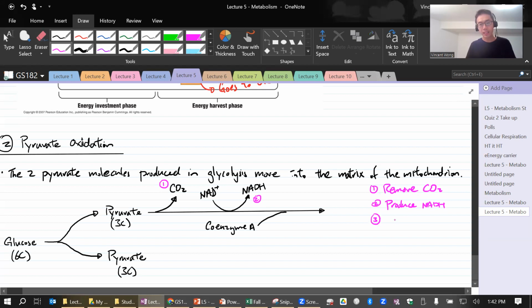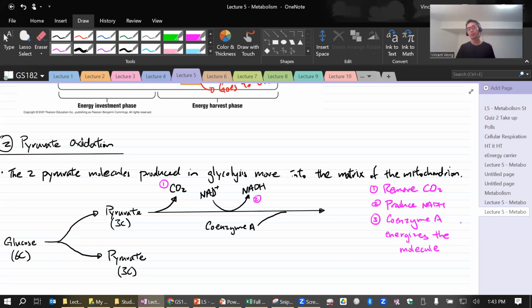And number three, coenzyme A energizes the molecule so that it will react further, so that it would want to proceed with all these other extra reactions.